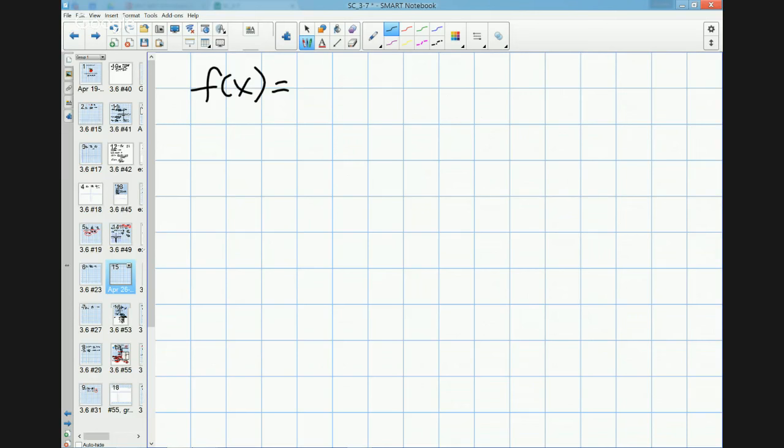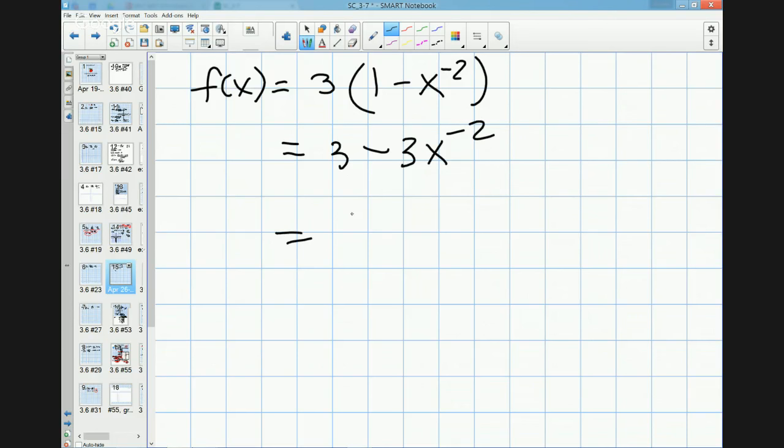We had 3 times the quantity 1 minus x to the negative 2, which is 3 times 1 is 3, and 3 times the other is this. And that is the same as what? 3 minus 3 over x squared.